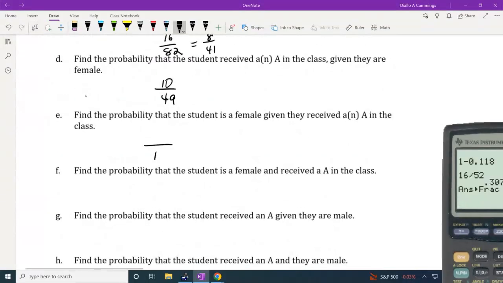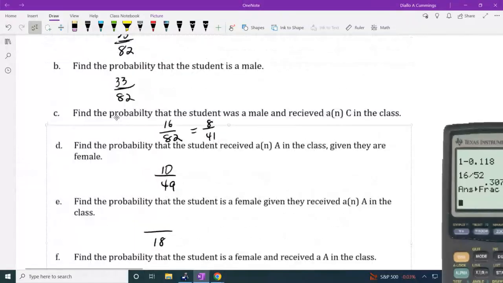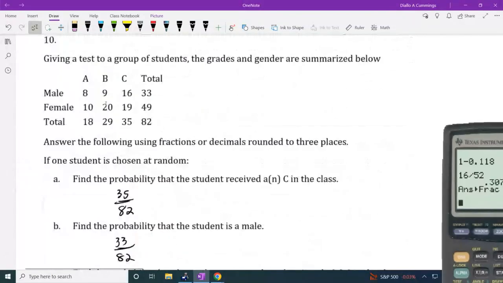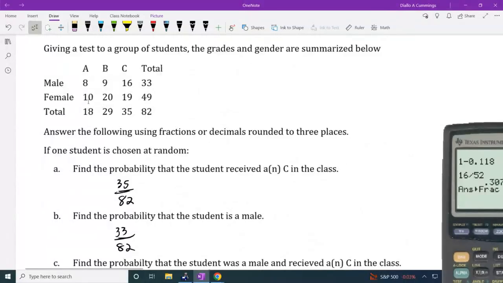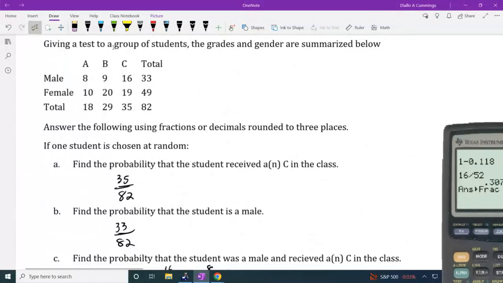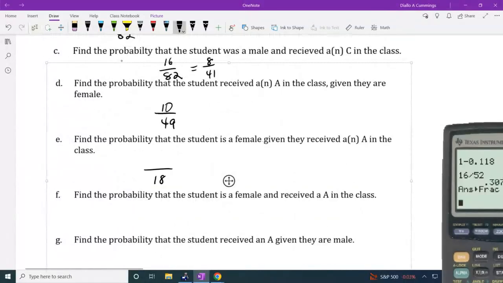So our denominator is 18. Out of those 18 students that received A's, how many were female? 10, right? So that probability is 10 out of 18. And then we have to reduce that down, right? So I think you divide both of those by 2. 5/9.